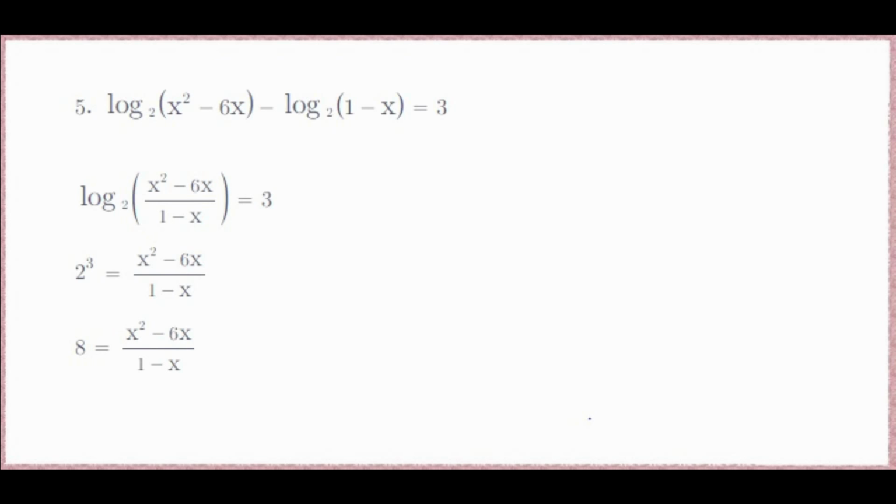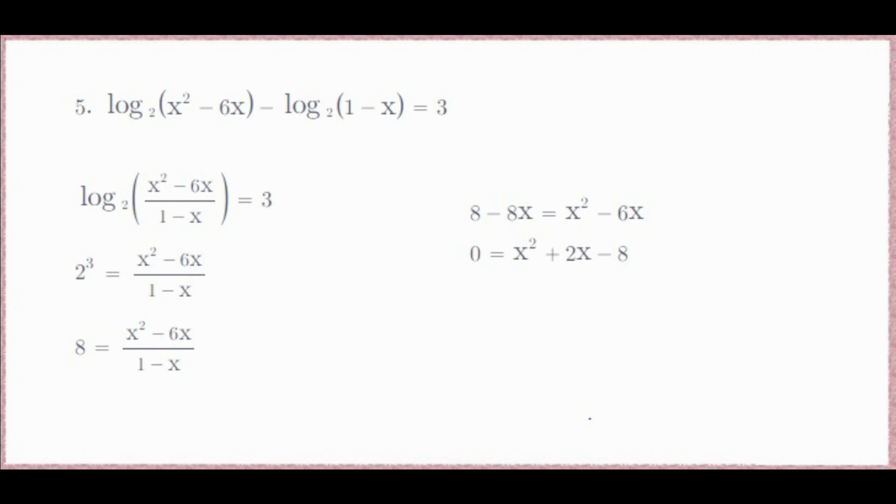So we end up with 8 equals x squared minus 6 over 1 minus x, and then multiplying both sides by 1 minus x, we get 8 minus 8x equals x squared minus 6x.